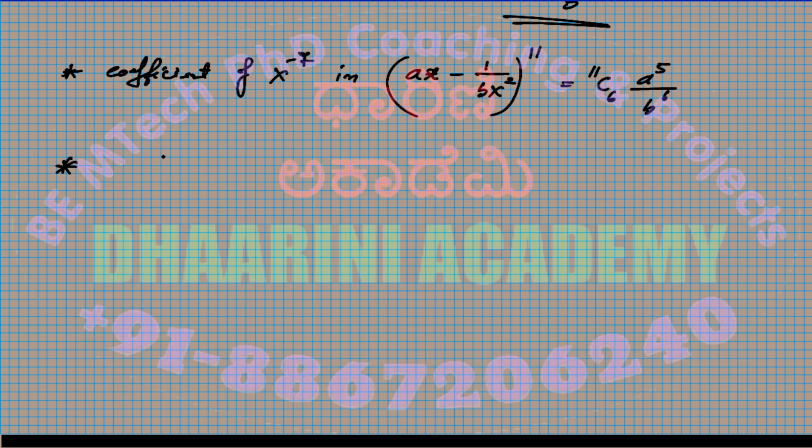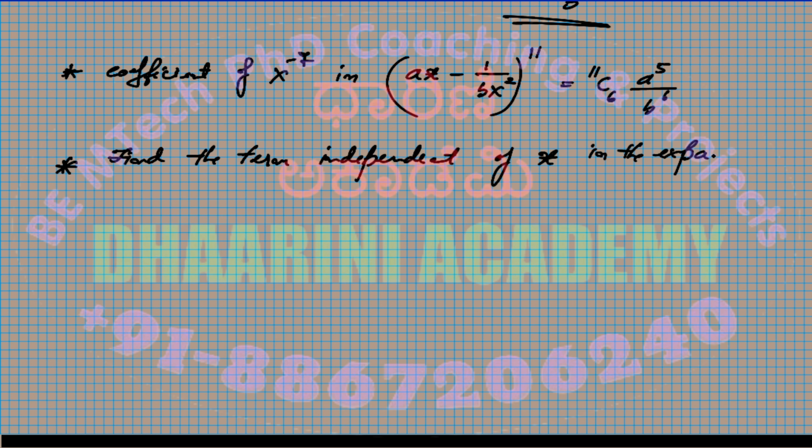This is the next question. Find the term independent of x in the expansion of 3 by 2 x squared minus 1 divided by 3x raised to the power 9.